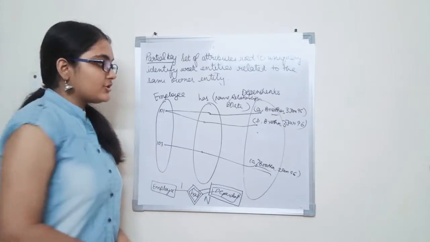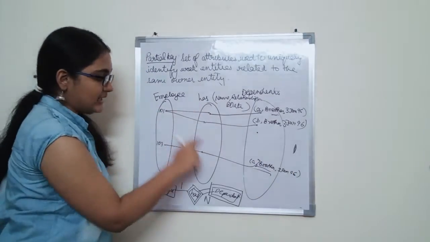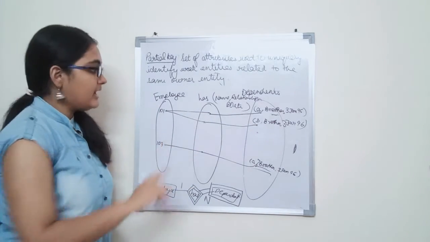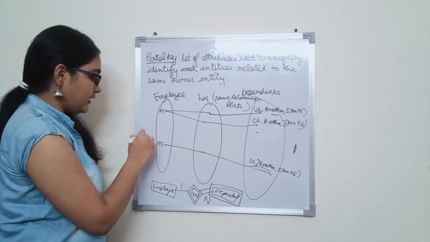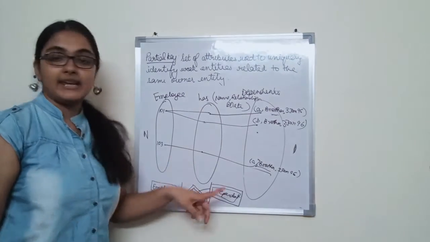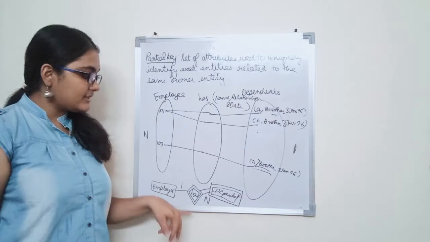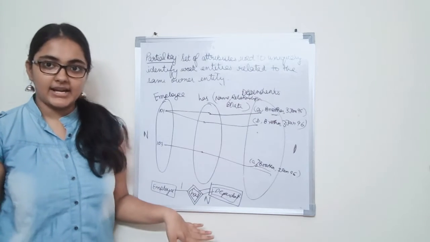So the cardinality of this is 1. And one employee can have many dependents, and can participate in n relationship instances at a time. So the cardinality of this is n. While writing it, we cross-change it, so 1 on this side and n on this side. So this is how we represent identifying relationships in an ER diagram.